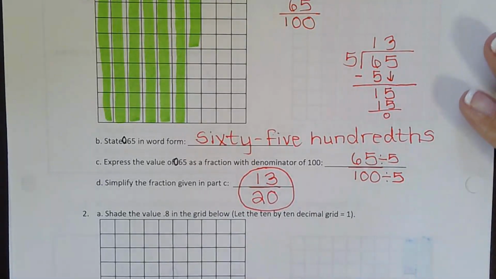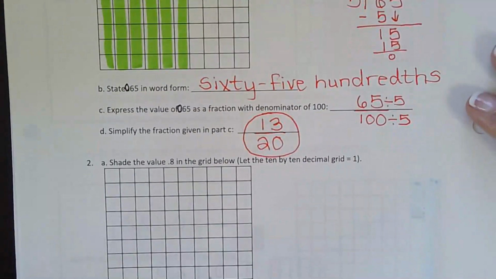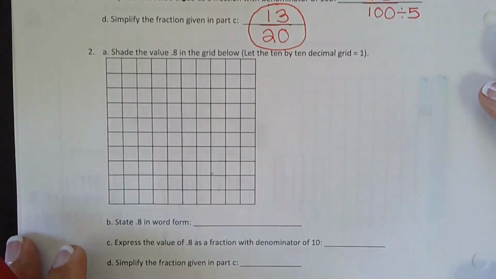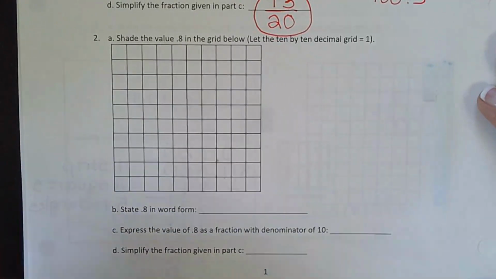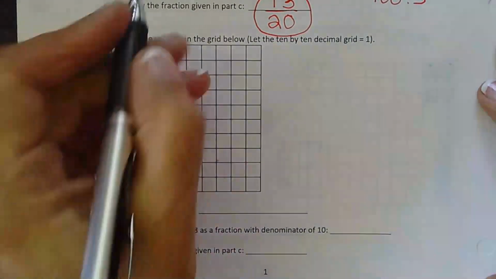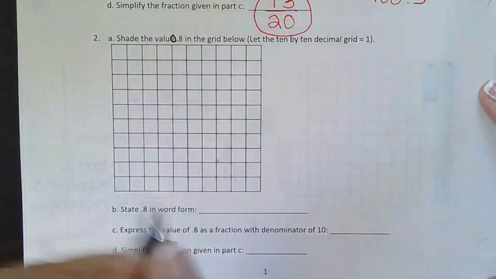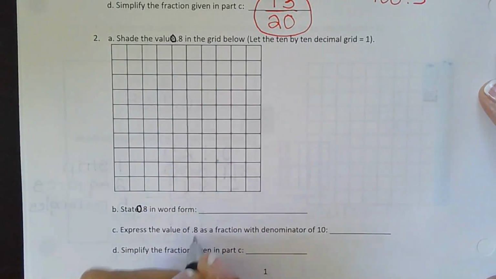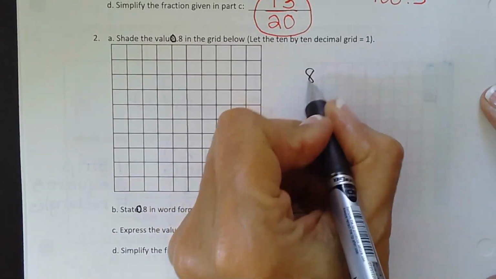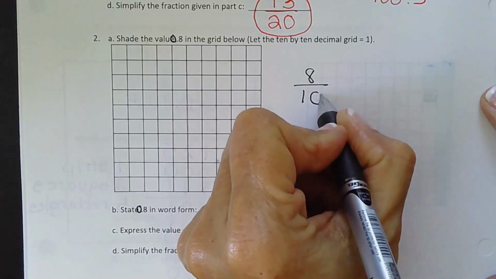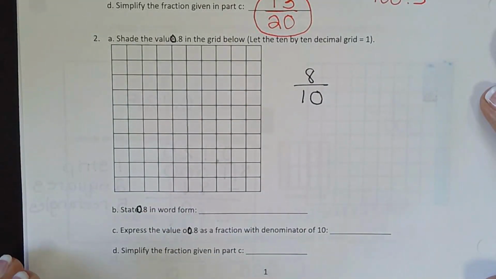So why don't you guys try the next one? Turn off the video momentarily, do the next one, and then come back and join me. So on this one we have 0.8, which is read 8 tenths, 1 decimal place, tenths. That means shade 8 out of 10 of the strips.